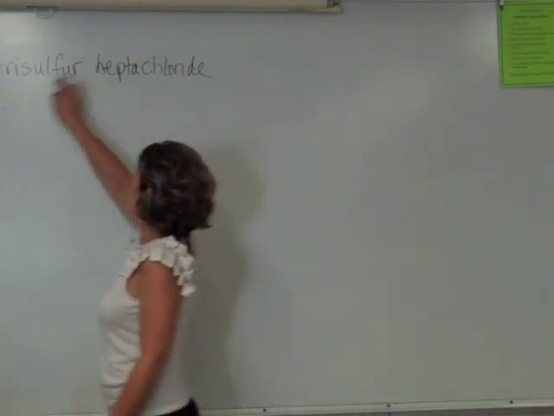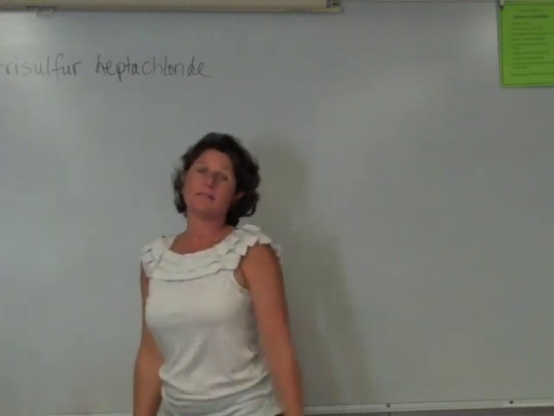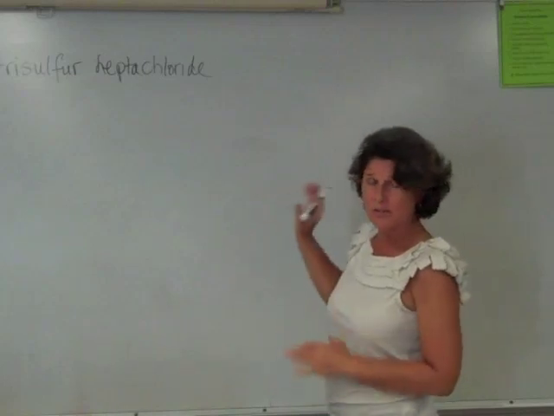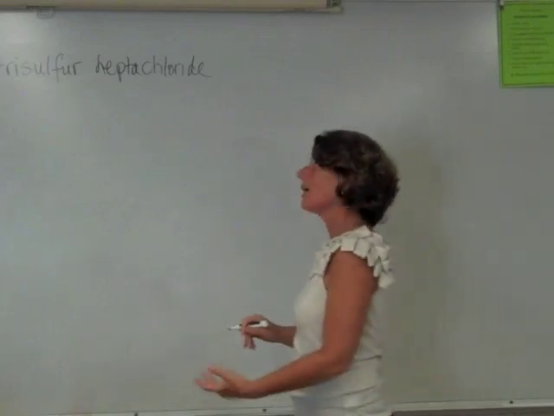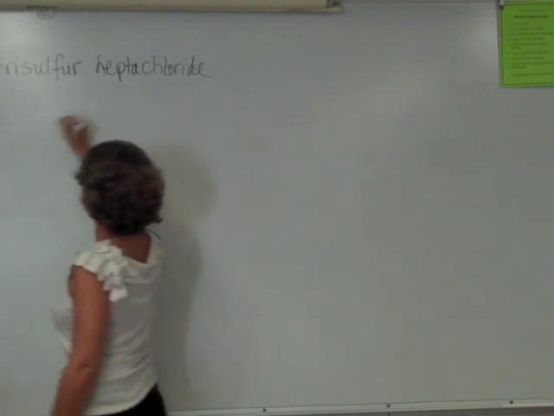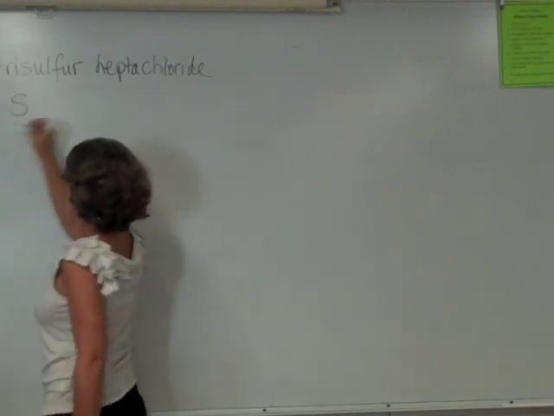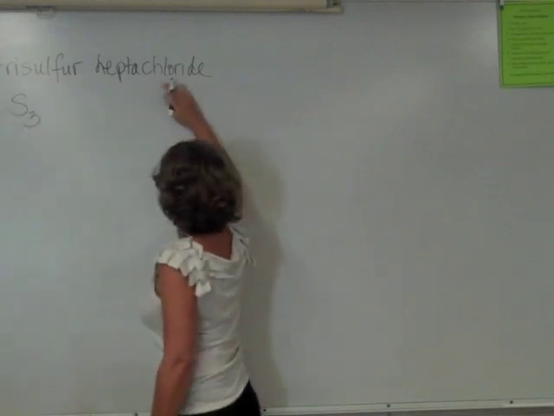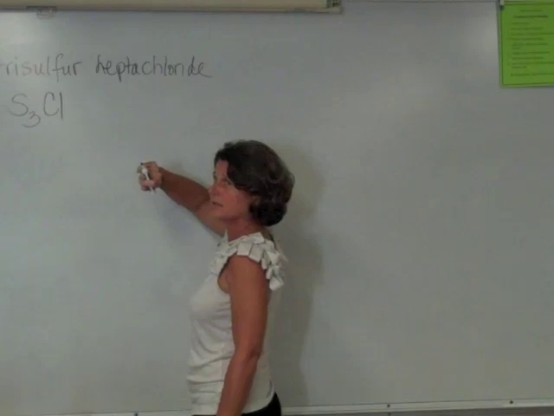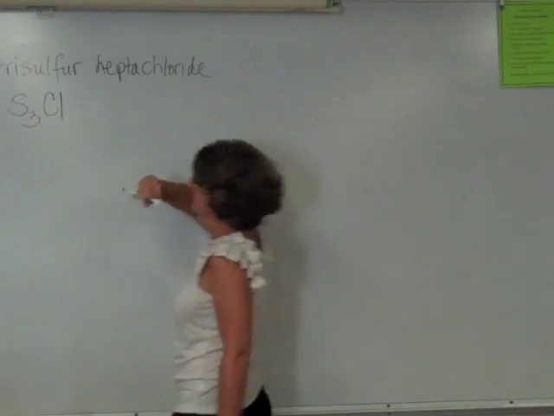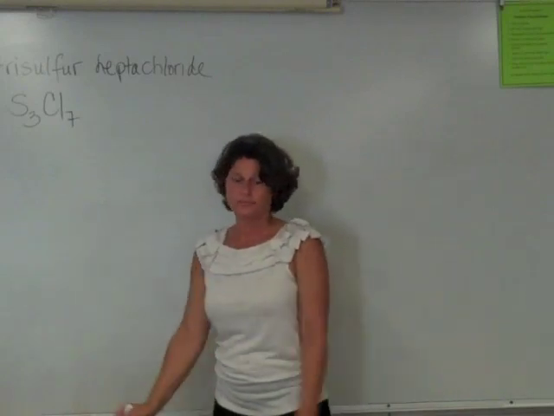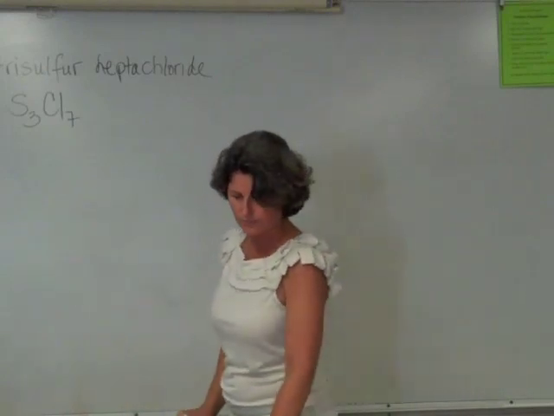Whenever I see these prefixes, I say, yay, because that means I don't need to electrically balance anything. This is a covalent compound. So all I need to do is translate my prefixes. Sulfur is S, tri is 3, chloride is Cl, hepta is, I think, 7. That's it. That's all you do for covalent.